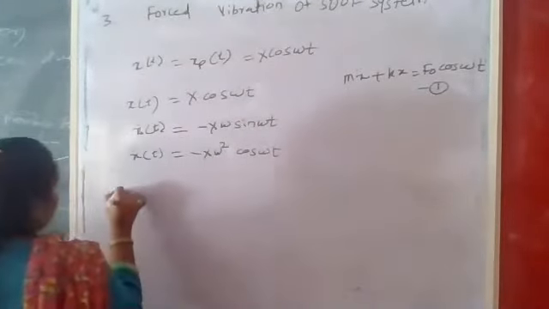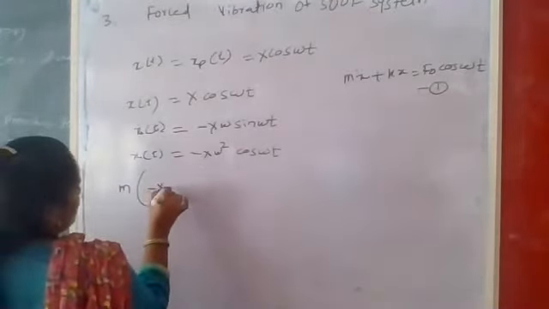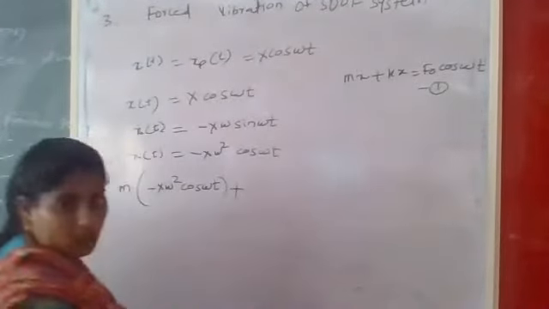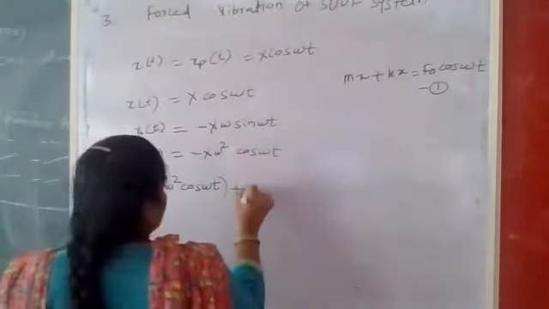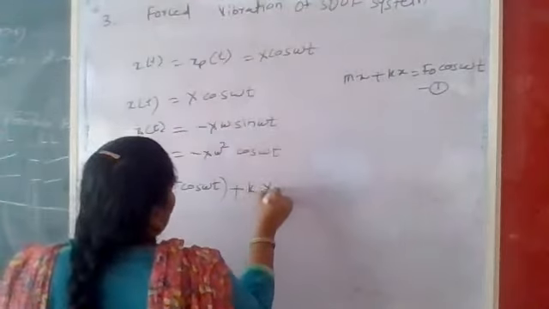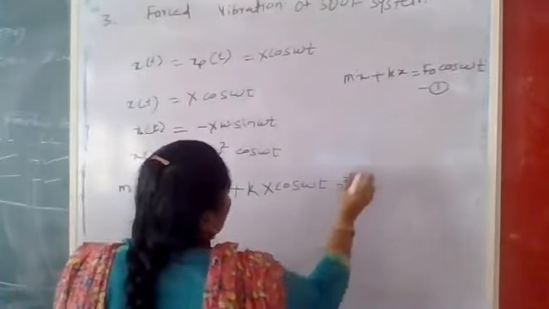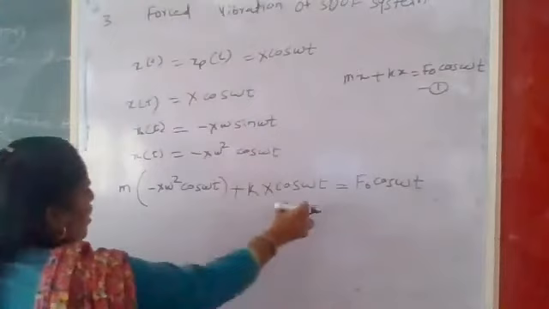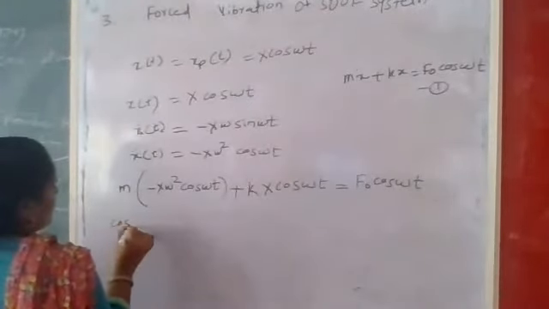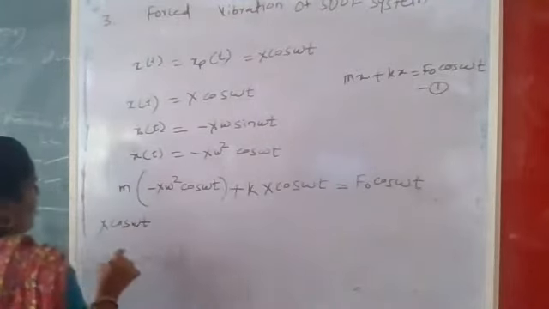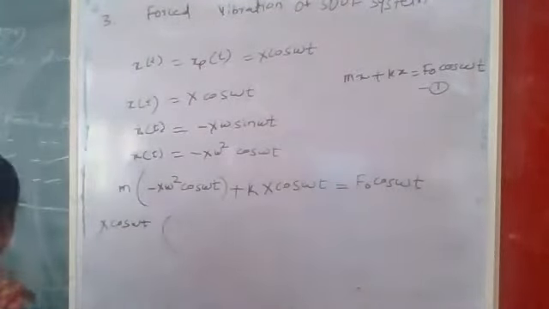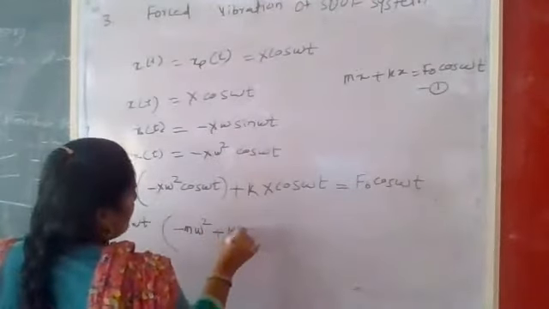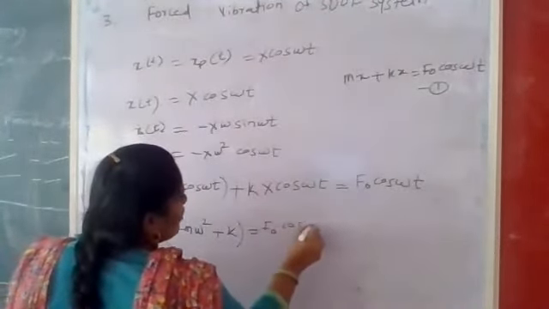Put this value over here. x double dot is minus x omega square into cos of omega t, plus k into x, where k is the constant, kx into cos of omega t, equal to f naught into cos of omega t. What is the common term? Take it outside: cos omega t into x. In bracket, the remaining term is minus m omega square plus k, equal to f naught into cos of omega t.